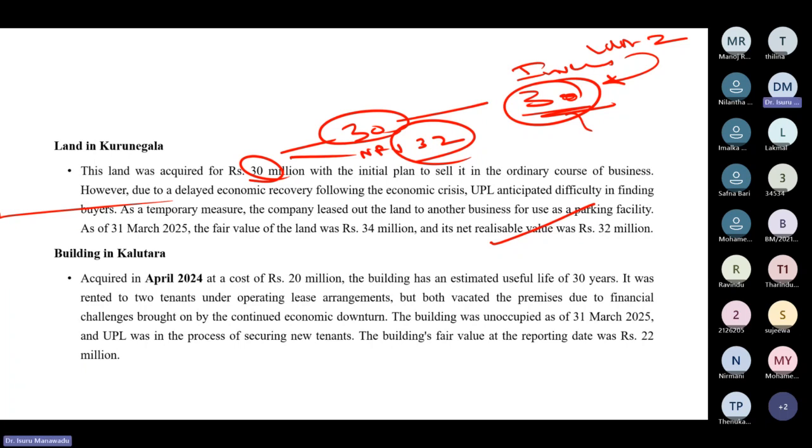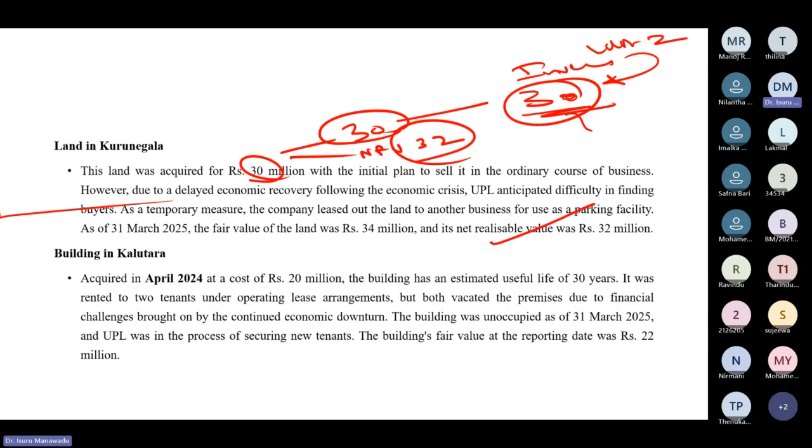It was rented to 2 tenants under an operating lease arrangement, but both vacated the premises due to financial challenges caused by the continued economic downturn.